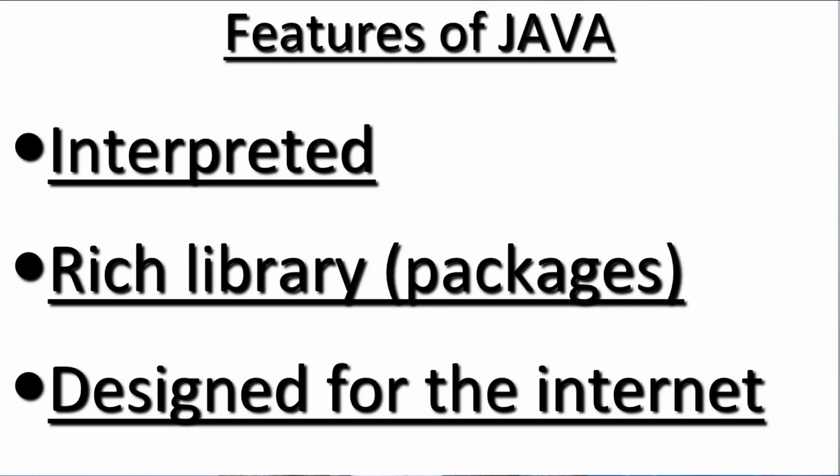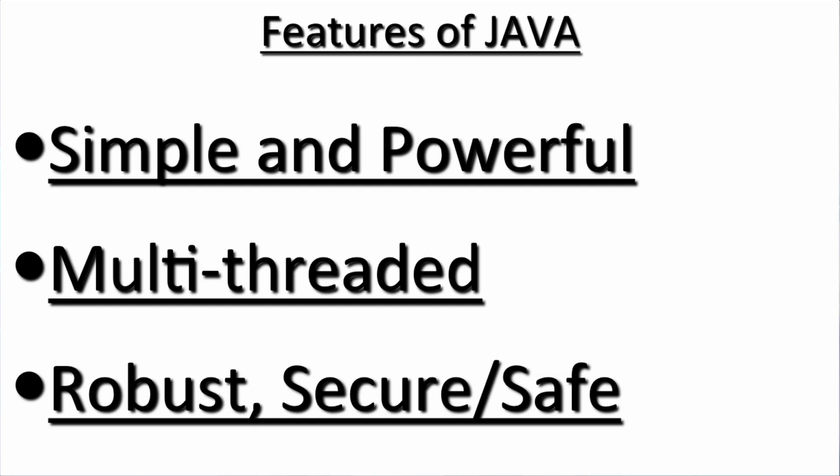This language is designed for the internet. This is the first internet based programming language. Since 2000 we have been using this language, and it is a very popular programming language of this category. This language is very simple and very powerful.